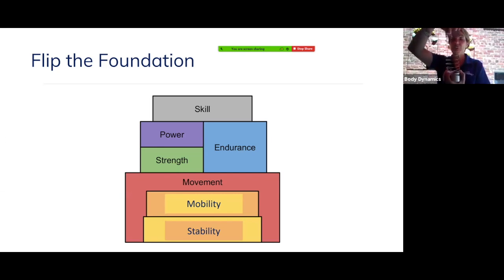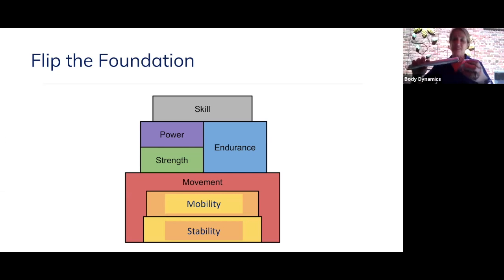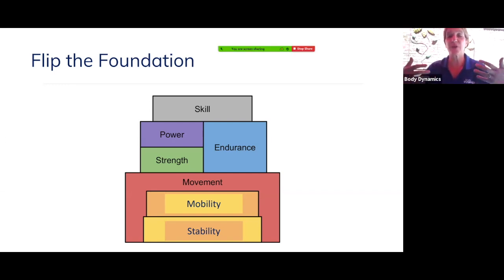We have to create appropriate stiffness, slinky ring to slinky ring, before we add in some stretching, which has to be really careful and very controlled, because otherwise you're going to exploit what's already mobile, and you're not going to actually get to what's stiff. And then once we've got that, you can add in your strength, your power, your endurance more safely.